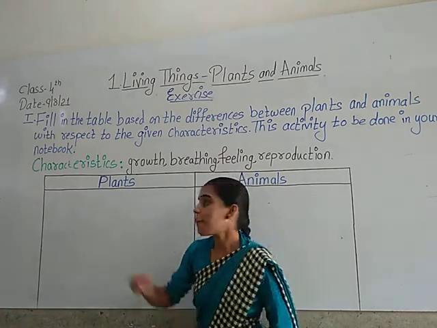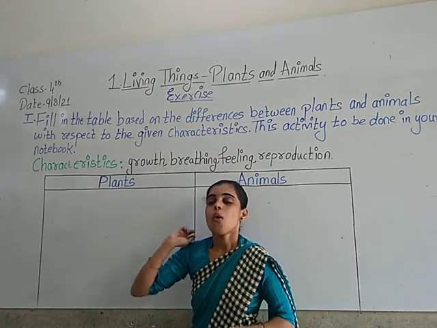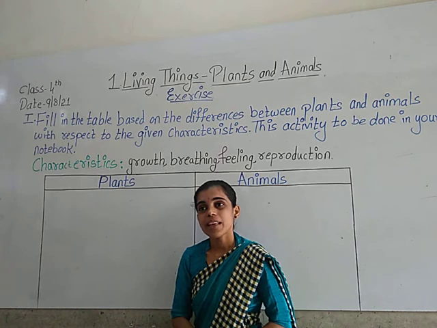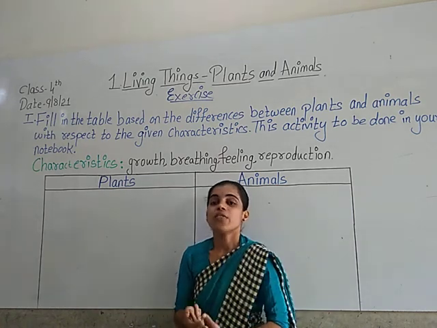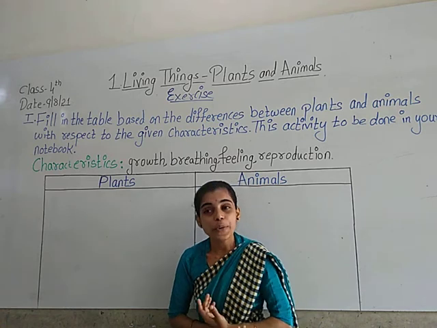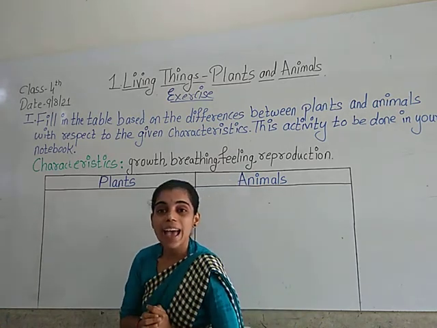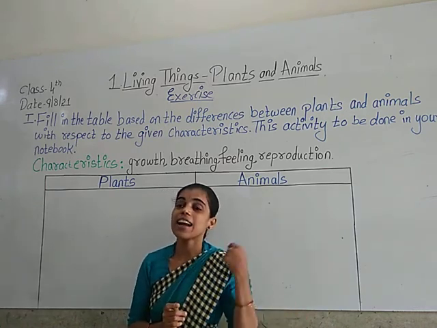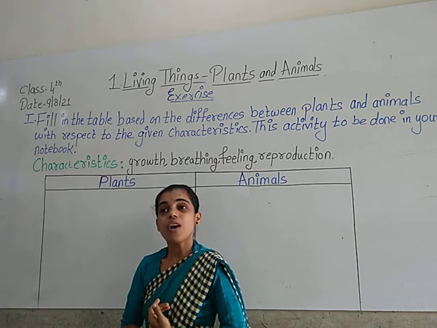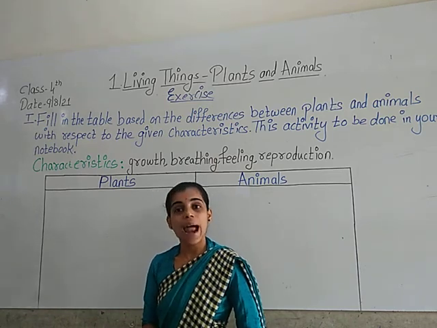And we call the plants producers. Why do we call them that? Because they prepare their food. So we call them producers. And plants do not have sense organs like animals and other living things. So there are no sense organs in plants.